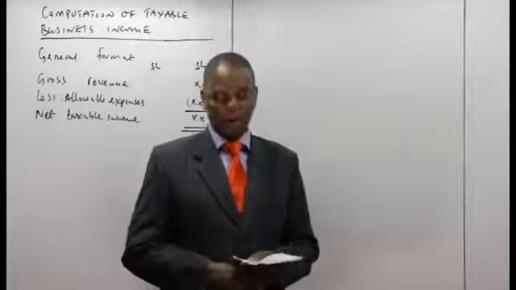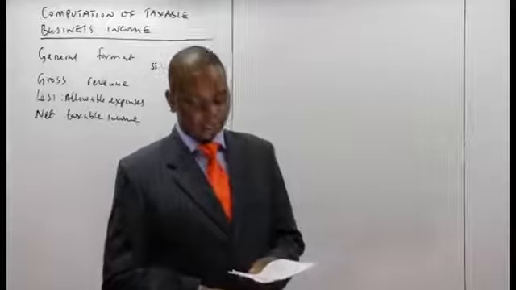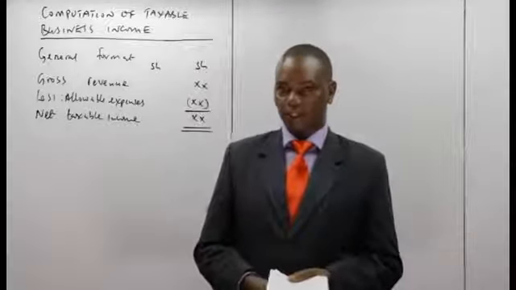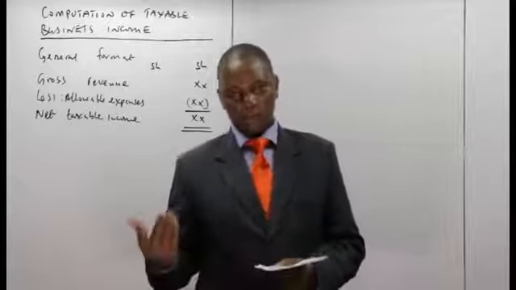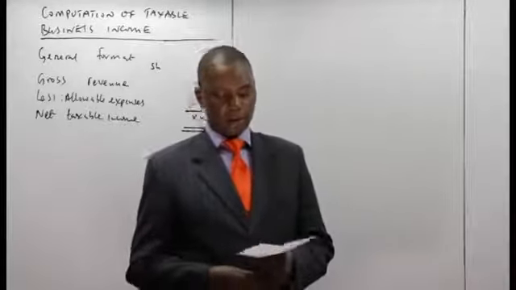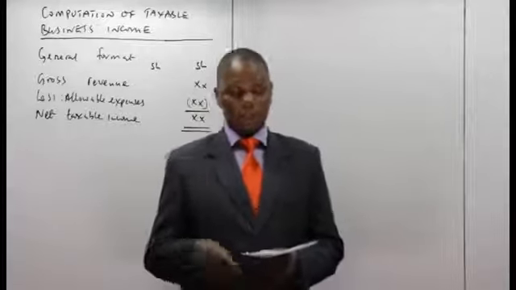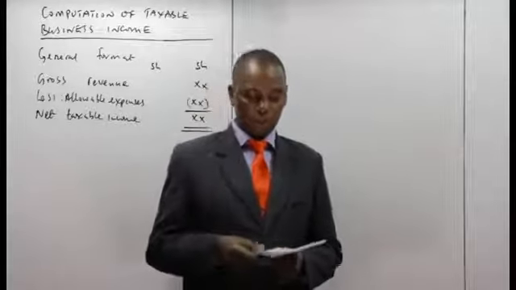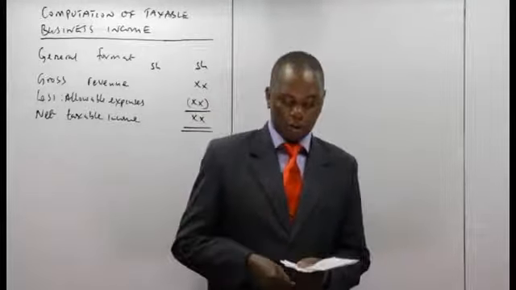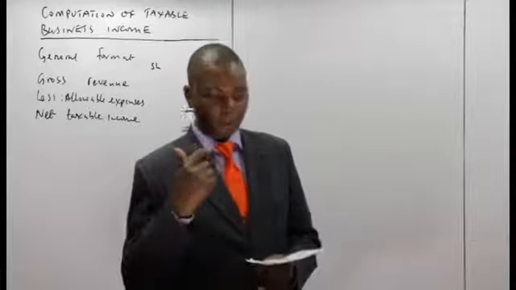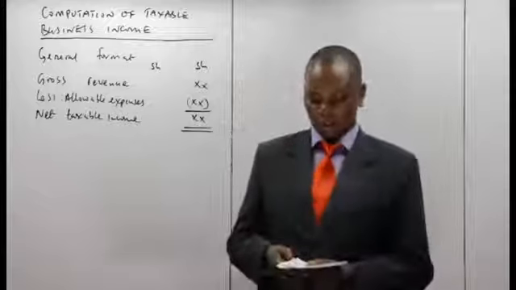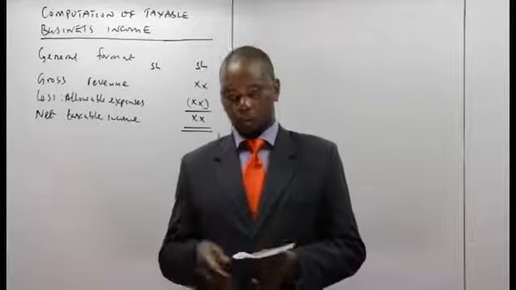We also have in our list, number 13, advertisement and promotional costs. Remember, a business has to keep on advertising. Advertising is necessary. We have an exception to this rule: the cost of putting up billboards and neon signs is not allowable.